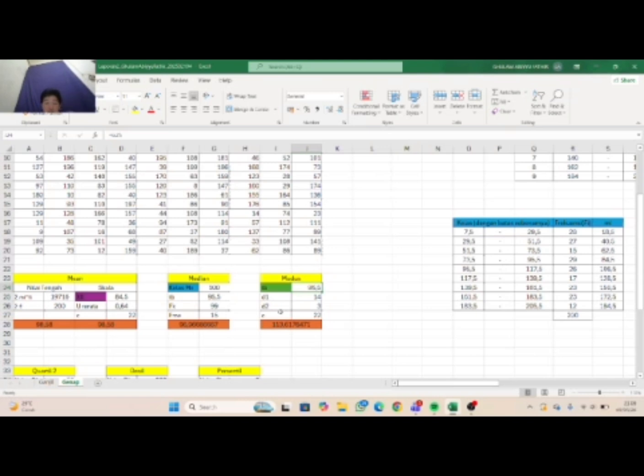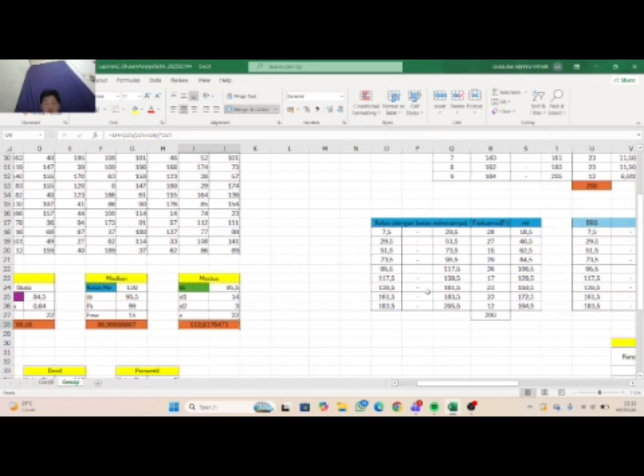This formula uses the lower boundary of the modal class, the difference between the modal frequency and the previous frequency, the difference between the modal frequency and the next frequency, and the class interval width. After substituting all values into the formula, the mode value is obtained.